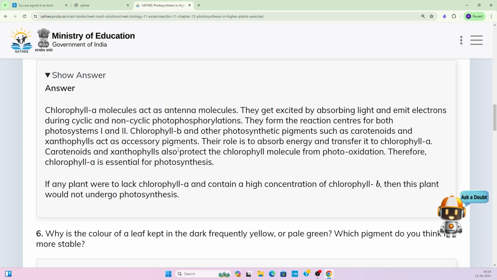Only the chlorophyll A molecule can send it directly to the pheophytin, not the chlorophyll B. However high the concentration of chlorophyll B may be, it cannot undergo the process of photosynthesis. So this is a very important point: chlorophyll A is the main pigment present in the center of photosystem 1 and photosystem 2.